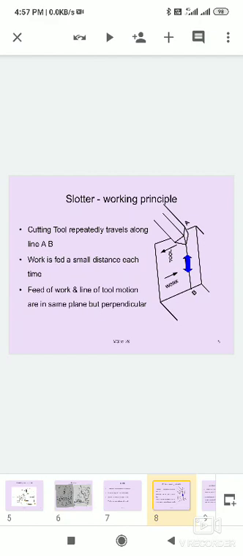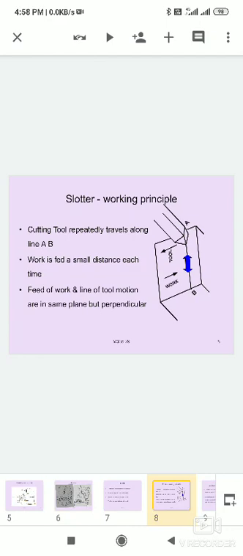Forward stroke is the cutting stroke, which means the downward direction is the cutting stroke, and the upward stroke is the idle stroke, that is, no cutting. Work is fed a small distance each time, and the return stroke goes speedily, faster than the cutting stroke.